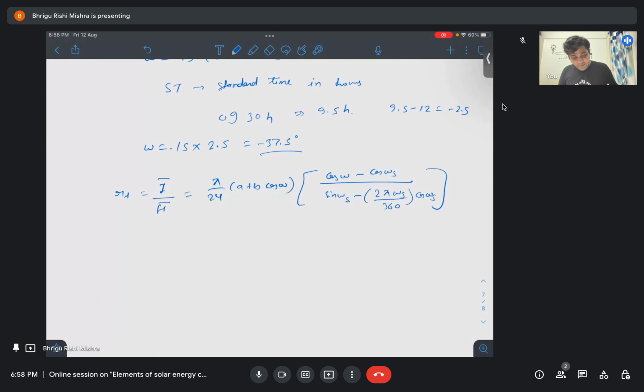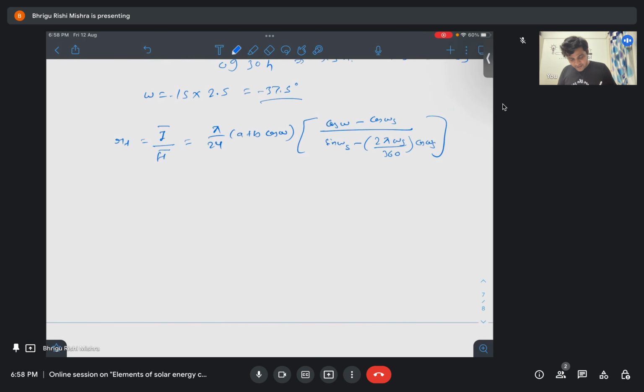This a and b is different from the a and b we have used in the calculation of daily average, monthly average global radiation. So this a and b can be calculated using this formula: a equals 0.409 plus 0.5016 sin(omega s minus 60), and b equals 0.6609 minus 0.4767 sin(omega s minus 60).